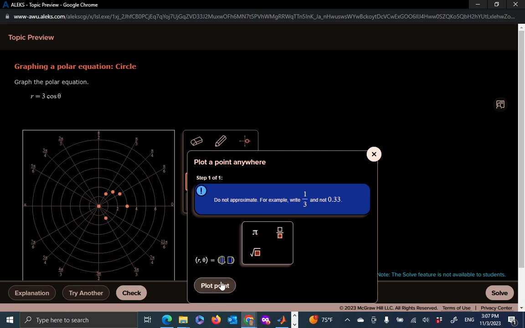Next one is 3 pi over 4. By now we have an idea, well, it's a circle, and we can go back to that panel and complete our circle. But just as a matter of practice, 3 pi over 4, its cosine is minus radical 2 over 2. So I have here minus 3 times radical 2 over 2.